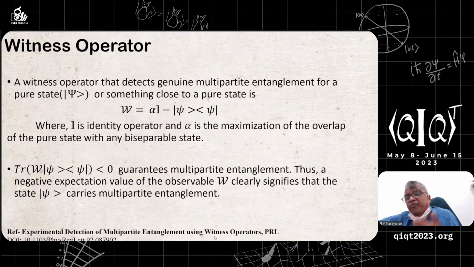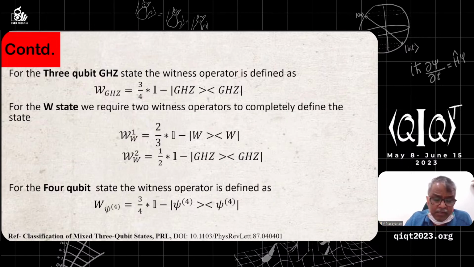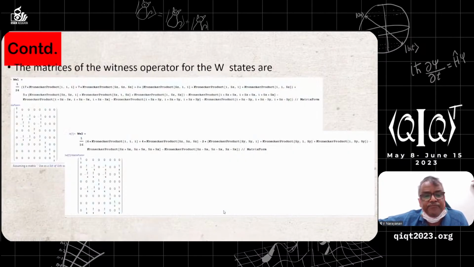So we have chosen certain states and certain projective measurements so that the Wigner operator can be handled. The first two on this slide are basically for the 3 qubit, and similarly, Thomas, my graduate student, has developed it for the 4 qubit, which we will be employing for this.